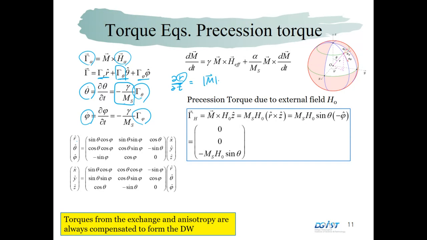The magnetization direction can be changed, but the magnitude is always Ms. So it's a kind of unit sphere. We are talking about the unit sphere, so the time derivative of the magnitude, r dot, is always 0. We don't need the equation for this one. It's always 0.